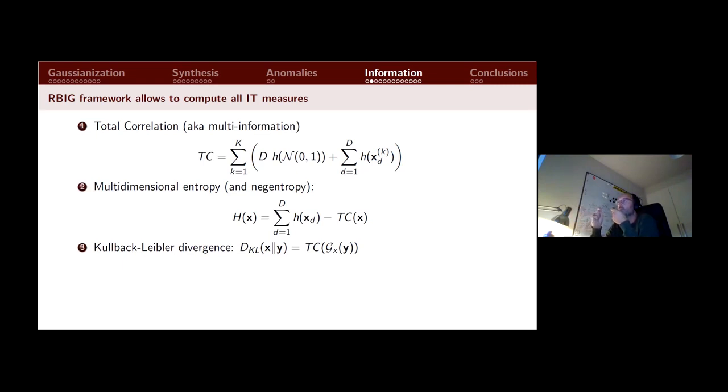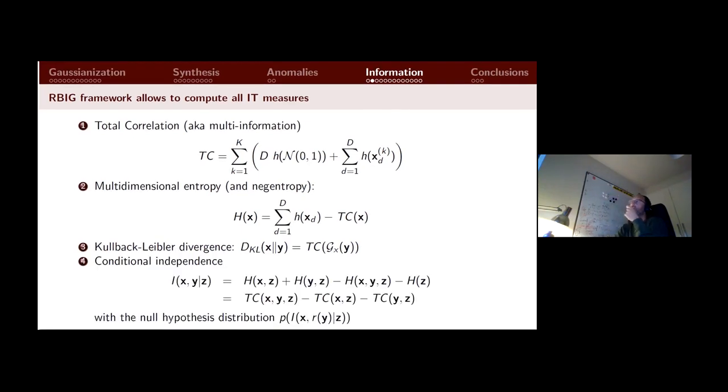This can be very easily calculated by evaluating the total correlation of the transformed data Y, let's say, through the Gaussianization transformation of X. So you learn a Gaussianization transformation for X. Then if you transform X, of course, it is a Gaussian, and then you apply this transformation to Y, and then compute the total correlation as an estimator of Kullback-Leibler divergence.